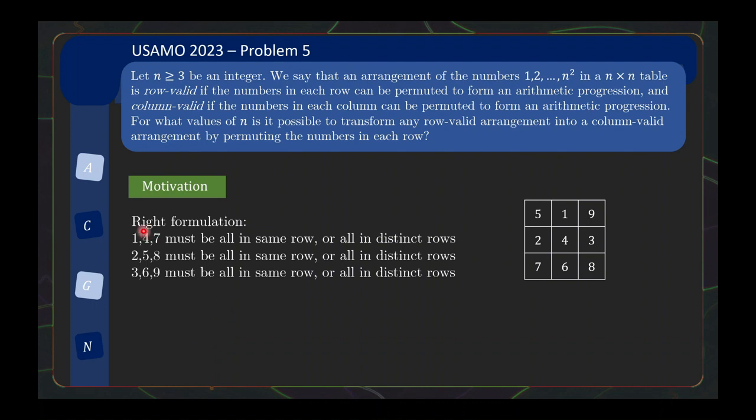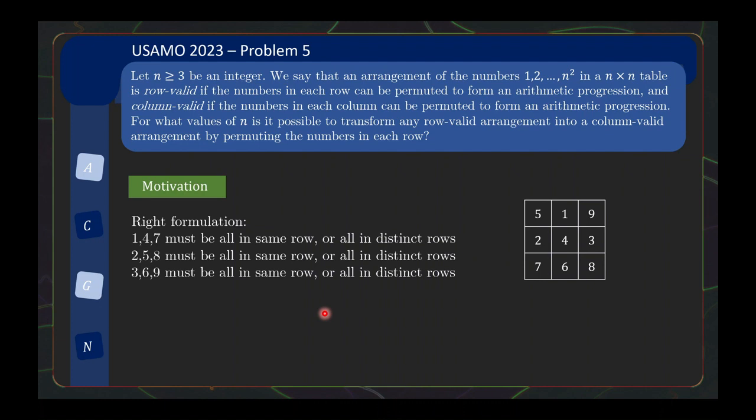On the other hand, if all of them are in distinct rows, then obviously you can pick 147, 258, and 369 as your respective columns. So for n equals 3, we have just shown that this property is satisfied by going over the proofs of these 3 statements. This should give enough motivation for what I'm going to show next.